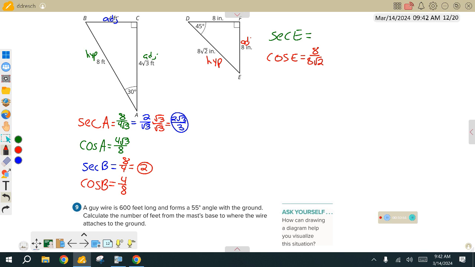Do I have to rationalize on this one? Well, it looks like it starts off like that. Don't worry about rationalizing until you get to that next fraction, until you do the reciprocal. And all we have to do is what? Reduce those 8s, don't we? Root 2.